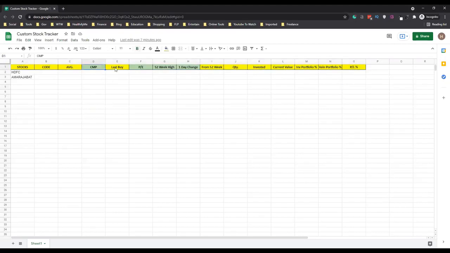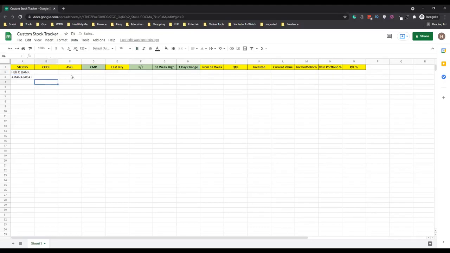The ones in green are the values which we are going to get from Google Finance directly, right? For demo purposes, I have used these two stocks, HDFC Bank and Amara Raja Battery.